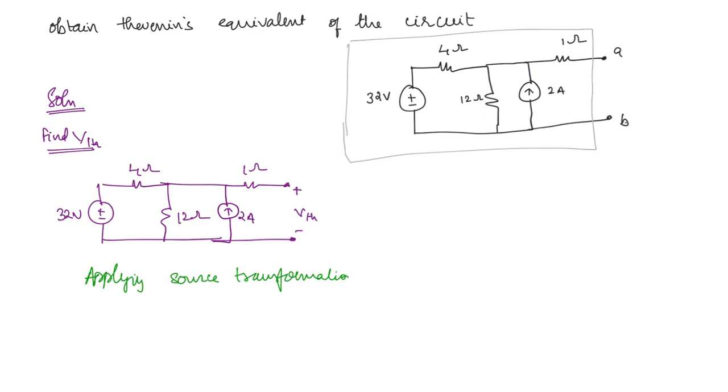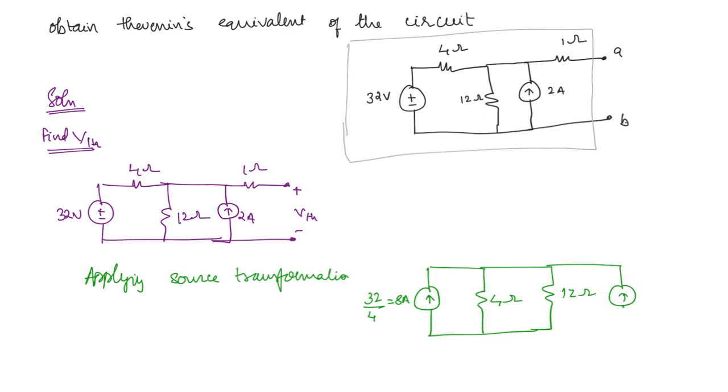you're going to get a current source. What will be the value of this current source? The voltage source divided by 4. 32 divided by 4, which is equal to 8 amperes. And here you're going to get 4 ohms, 12 ohms, and the 2 ampere current source.